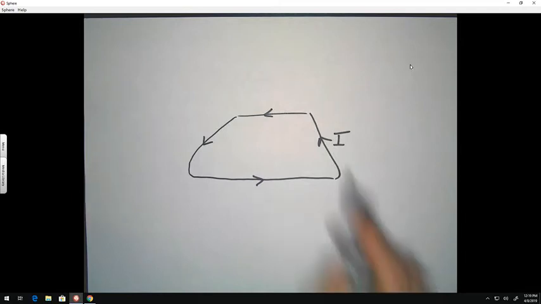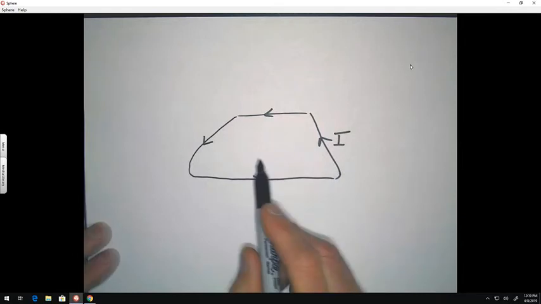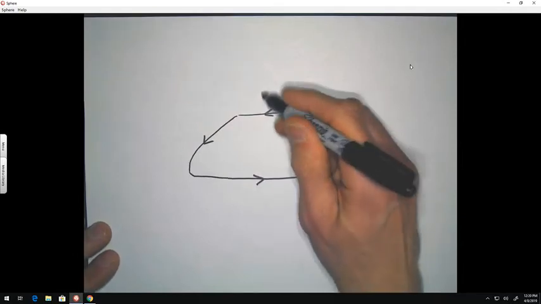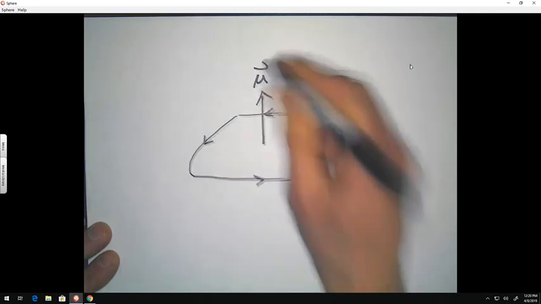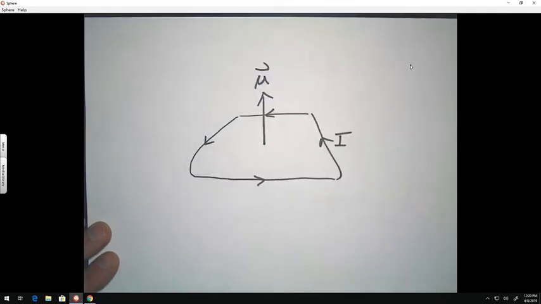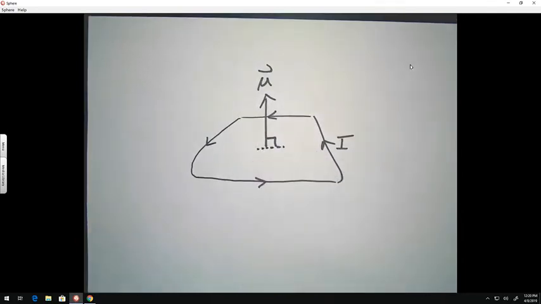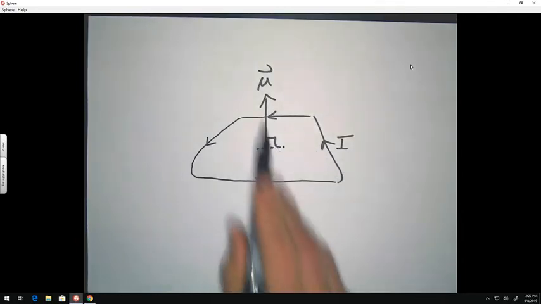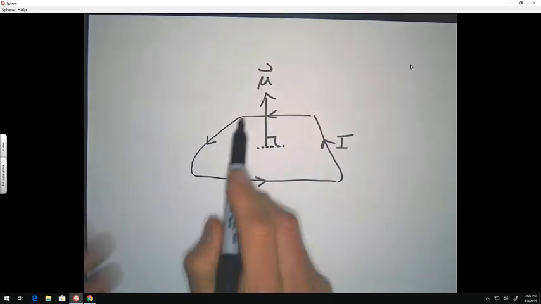And so what's going to happen here is that we are going to say that this current loop has a dipole moment that's associated with it. And that dipole moment is going to be a vector which is perpendicular to the plane of the loop. Okay? So this is a 3D picture, right?